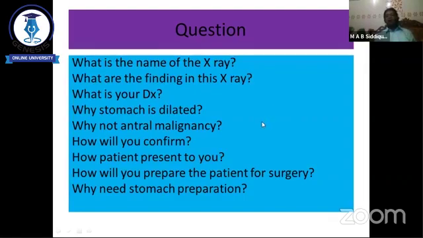How does the patient present to you? In case of pyloric stenosis, the patient has a history of long standing peptic ulcer disease, that is burning sensation in the epigastrium, and also the patient gives you a history of induced vomiting.